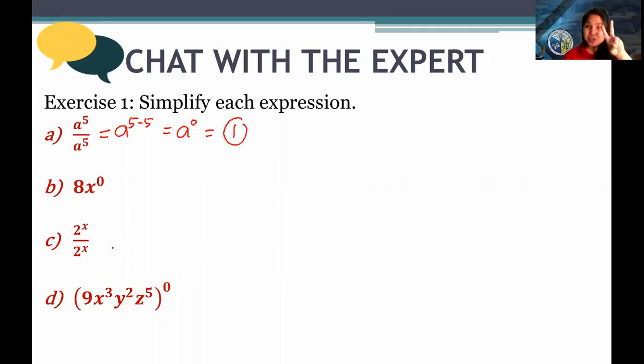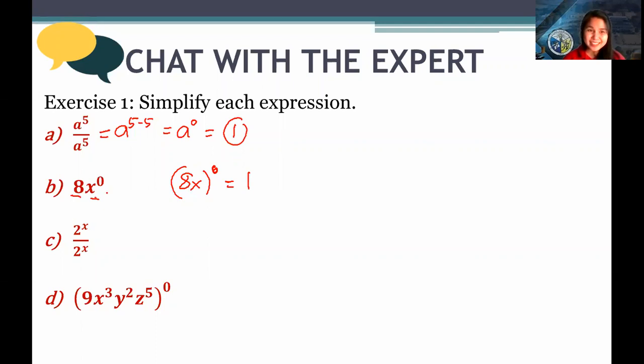Next, number 2, letter b. 8x to the power of 0. No. This is different when you write it this way. This is 1. But here, not all are raised to the power of 0.